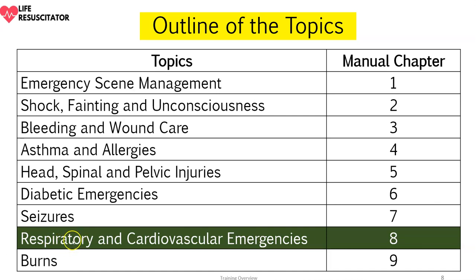We're going to talk about TIA, transient ischemic attack. We're going to talk about angina, how to prevent some of these things, and how to respond to anybody who is having any of these emergencies. So chapter 8 is really a very, very, very big chapter.